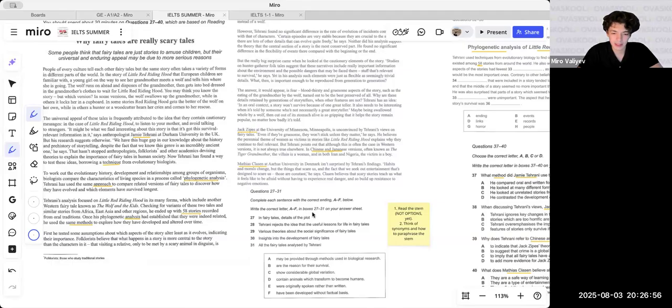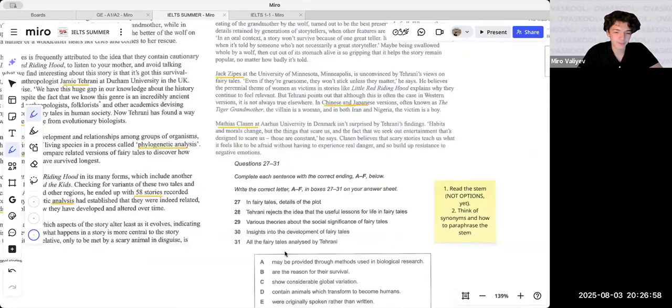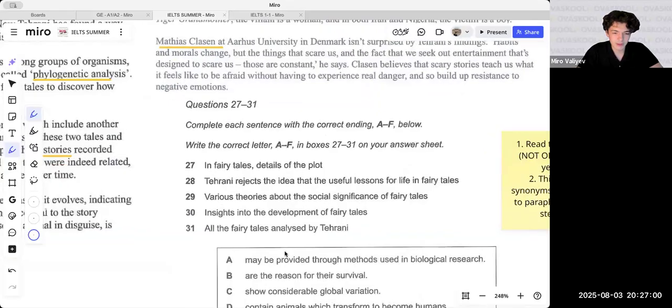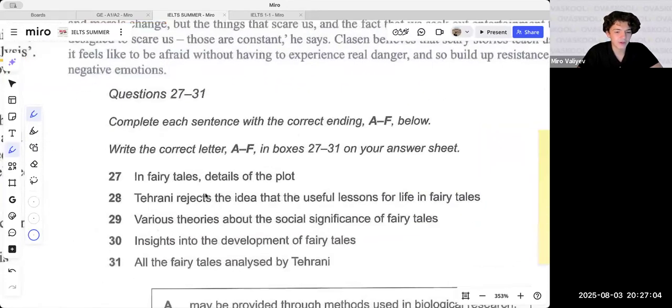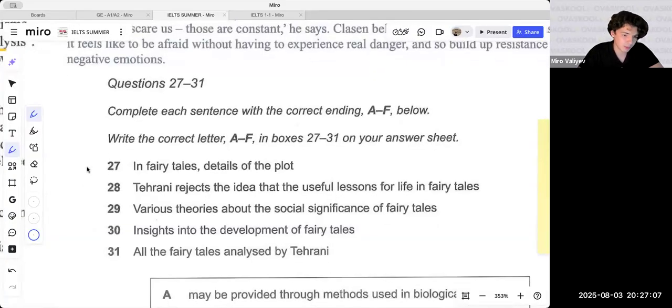So let us start then with the complicated thing, yeah? All right, so let us read again the stem, not the options yet. These are usually in line with the text, so it makes it somehow easier to find. They usually go in order of the text, so it's gonna be fine.